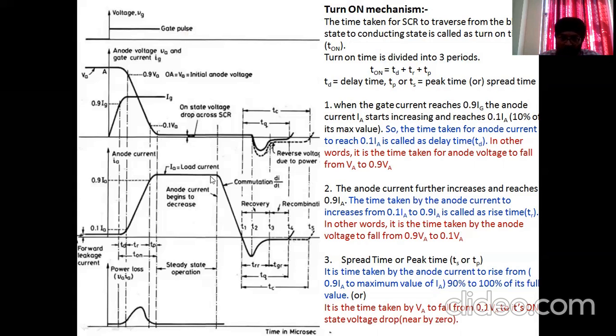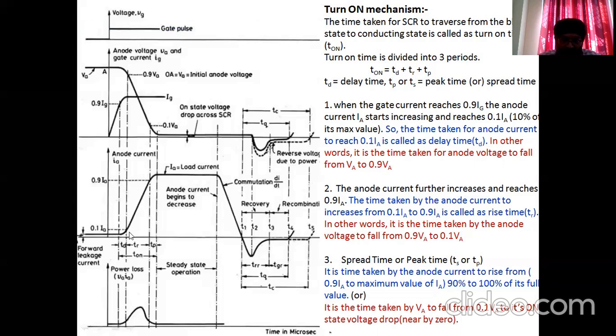And current now continues to flow in the circuit at 100% value. The power loss also becomes steady state because the on-state voltage settles at 1 to 3 volts. The maximum current settles at some maximum value depending upon the application. Multiplying both of these, we get the on-state power, conduction loss or on-state loss.